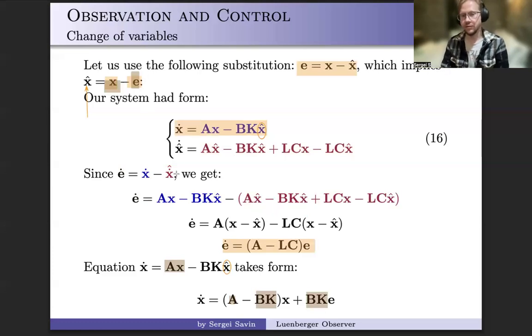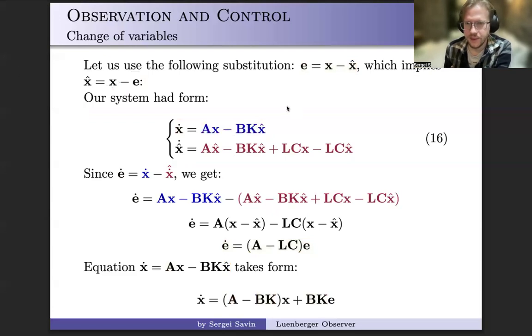So that's what happens with this equation. So we have two equations: one is the equation for the state, one is the equation for the error. By the way, this is very typical for observer design, or for a lot of those things: error equation, state equation. It's very typical.